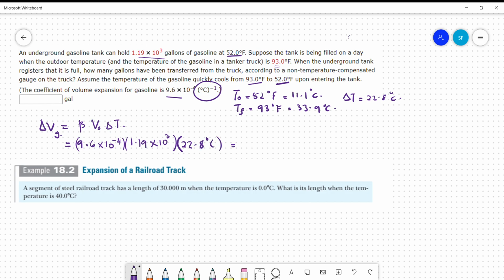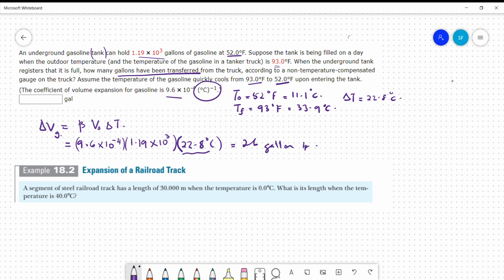We don't have to consider the expansion of the tank itself, because we know that solids also expand due to temperature difference. In this question, we want to know how many gallons have been transferred, that is, how much gasoline has been transferred in this temperature change. When you calculate, I get approximately 26 gallons.